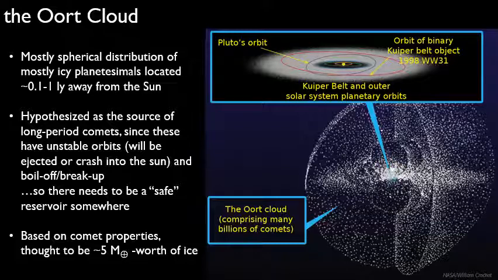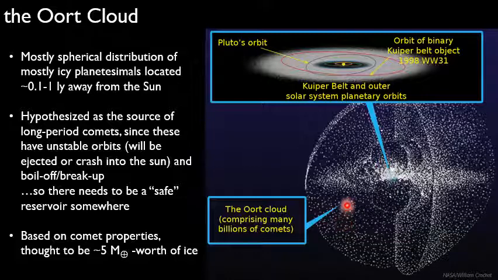Instead, there needs to be some reservoir of icy stuff hanging out where occasionally gravitational perturbations will kick one of these objects from its safe orbit way out here into some highly eccentric orbit where it can then swoop by the sun, where we can see this really cool comet, and then fly way back out. And so that's why we believe the Oort cloud, more or less, must be there.